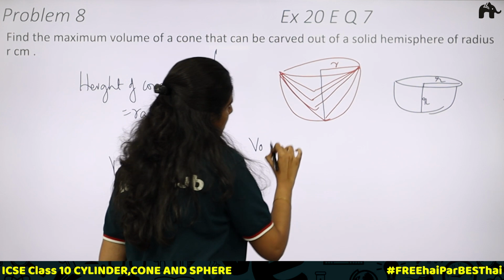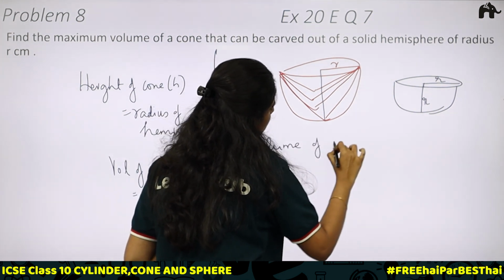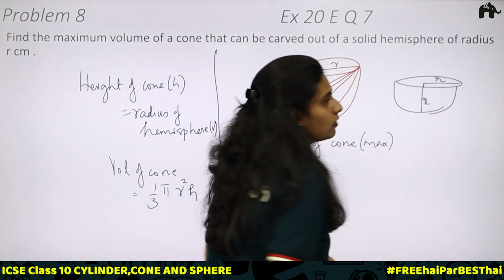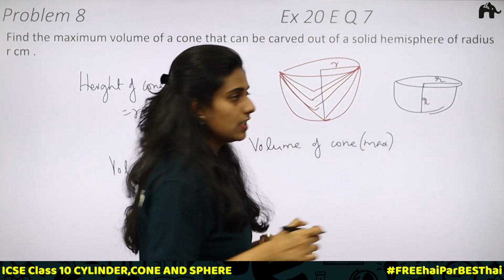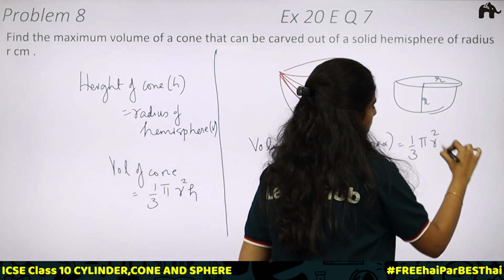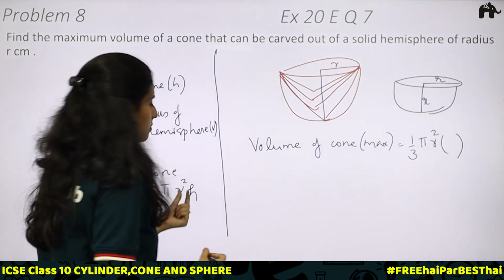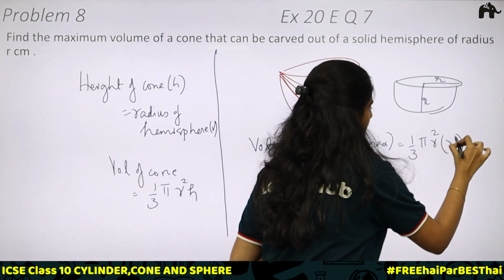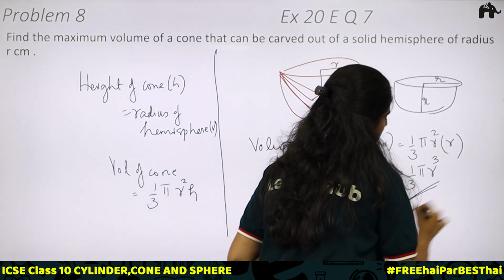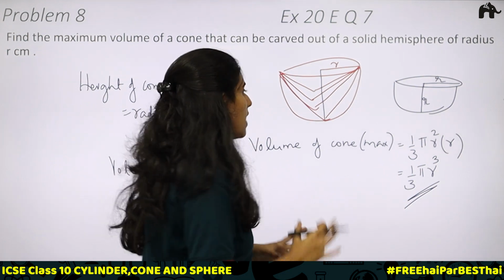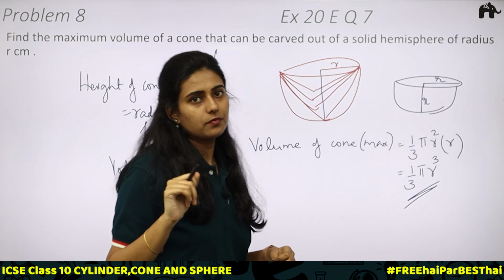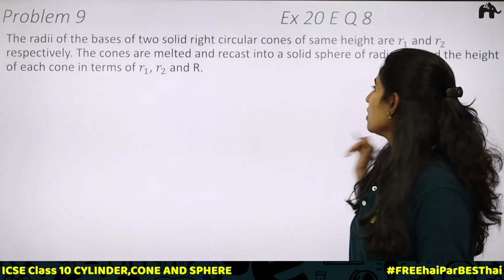Therefore, the maximum volume of the cone which can be carved out from the hemisphere is equal to 1/3 pi r square into, in place of h, we can put the radius value, that is r. We have 1/3 pi r cube. So 1/3 pi r cube is the maximum volume of a cone that can be carved out from a hemisphere. Clear? Here we have the last problem for today.